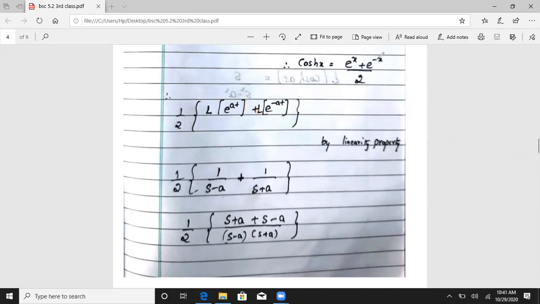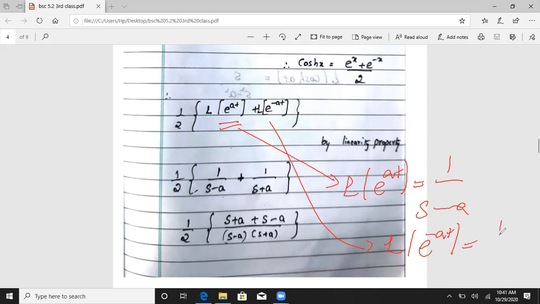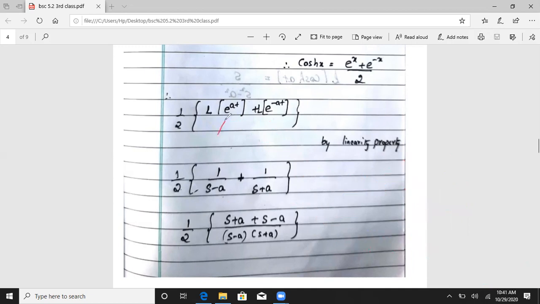You already know the Laplace transformation of e to the power at is 1 divided by s minus a, and the Laplace transformation of e to the power minus at is 1 divided by s minus of minus a, which is s plus a.